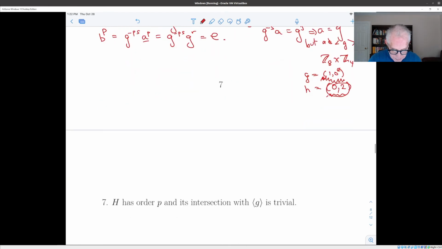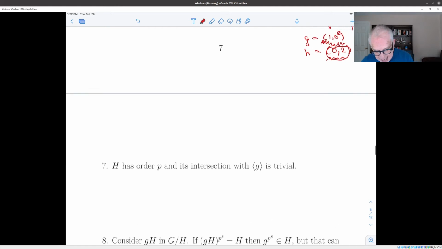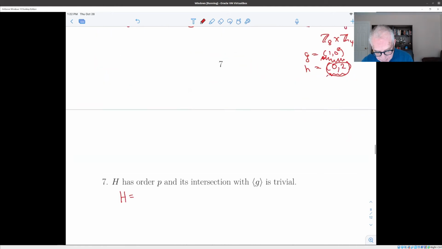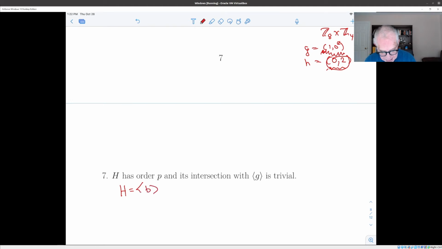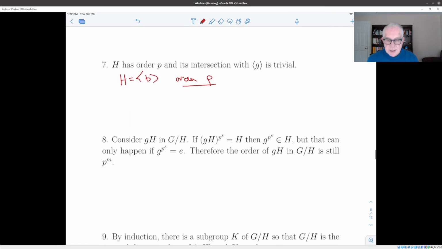Now, we have this subgroup H, which is generated by B. It has order P, because it's generated by an element of order P, and it doesn't meet the cyclic subgroup generated by G, because we know that B is not in that cyclic subgroup. Okay, now we're going to do the inductive step.